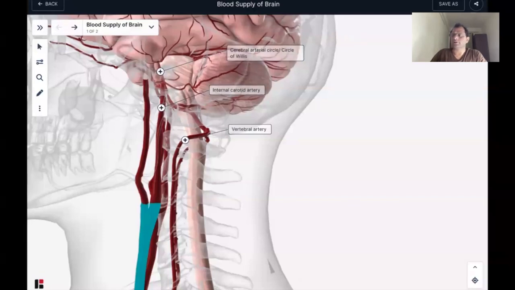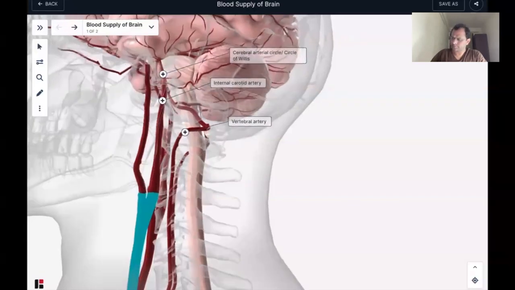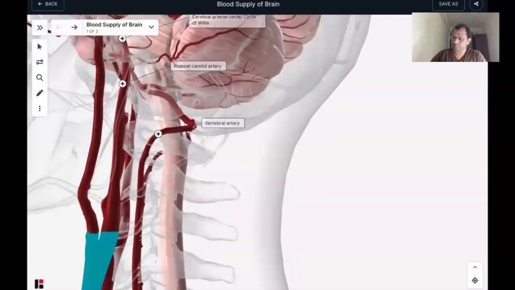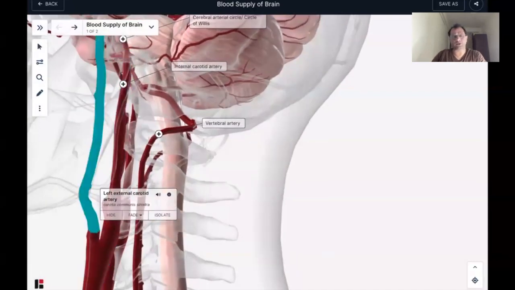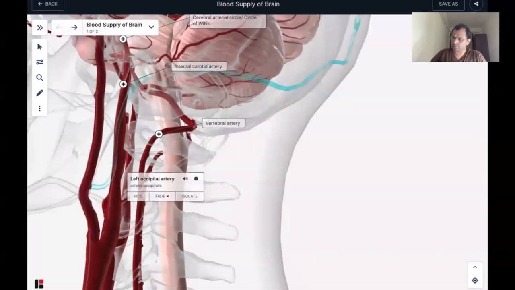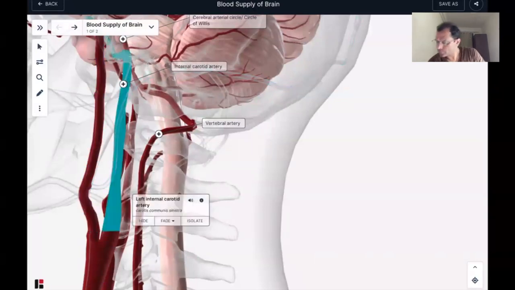The carotid artery divides into two branches. The internal branch goes into the brain, the external branch goes outside. The internal branch going in the brain is the internal carotid artery.